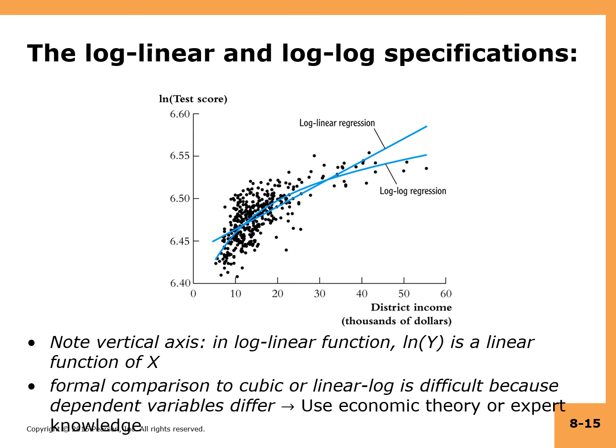Let's look at how the log linear model performs compared to the log model. When you plot the log test score against the district income with these lines, you can see it seems like the log regression model performs better.